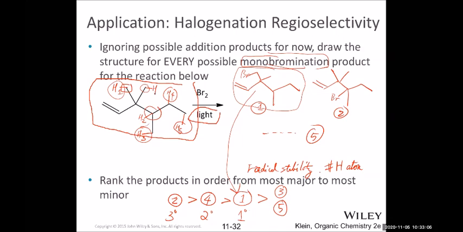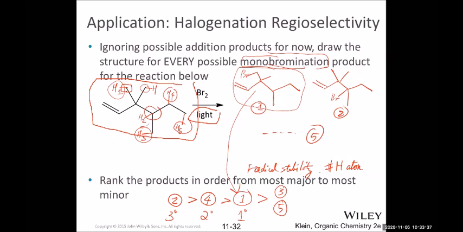So this is how we predict what will happen when an alkane reacts in a halogenation reaction. We compare the carbon radical stability first, and then we compare the number of hydrogens available for such a reaction if the carbon radical stability is the same.